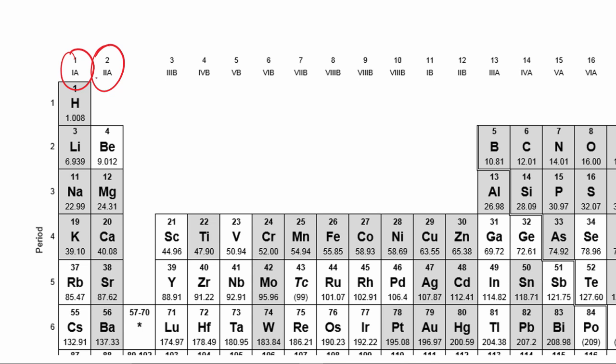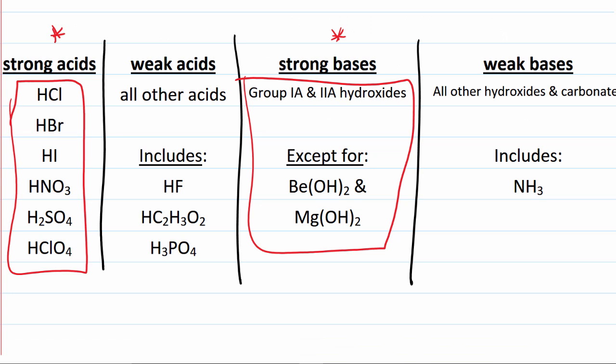So all of the hydroxides from groups 1A and 2A, with the exception of beryllium and magnesium hydroxide. The beryllium and magnesium hydroxide would be the ones that would be over here as part of the all other hydroxides. So again, these are ones you should know.